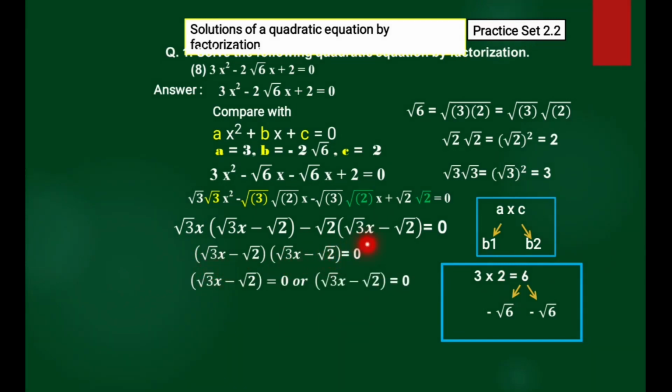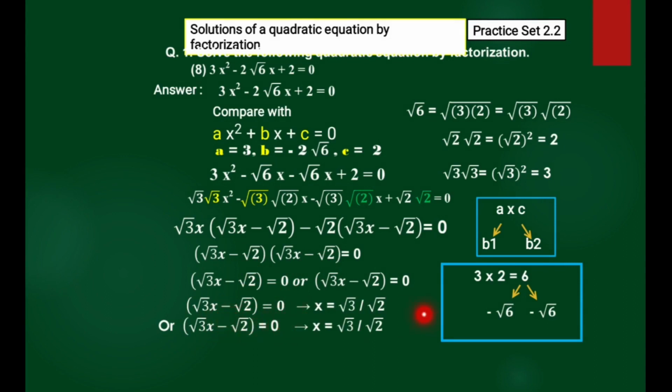So its product is 0. So the first term equals 0 or the second term equals 0. From this, after transferring the minus root 2 to the right hand side and dividing by root 3, we get x equals root 2 by root 3, and from the second also root 2 by root 3. This can also be written in one root, that is root 2 by 3.